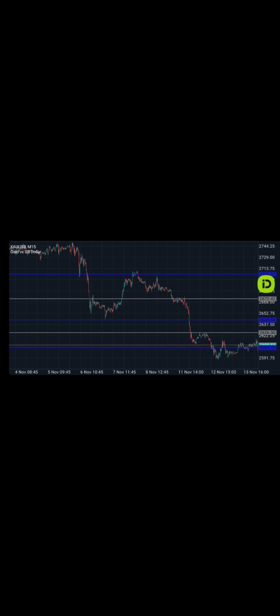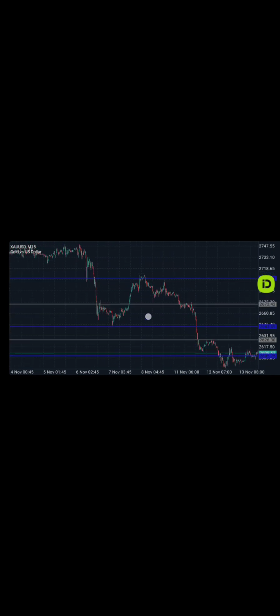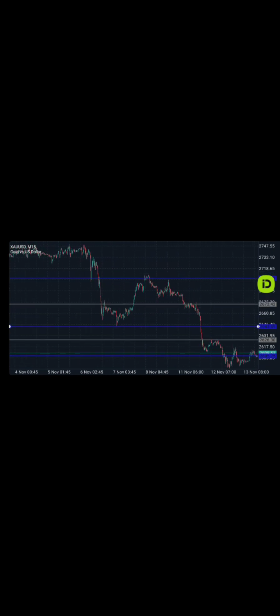I explained this in the video on the time frames. So we have a nice turn there. This was a very nice trade. If we were to trade this time here, we were supposed to buy when the market got to this level, right? And then we also have another good turn there, right?